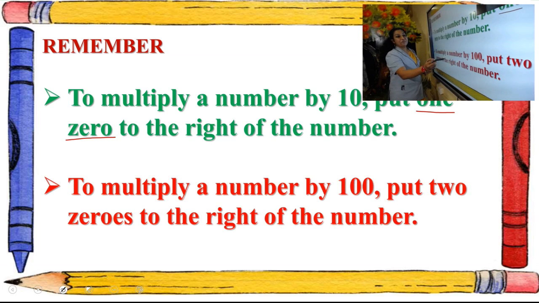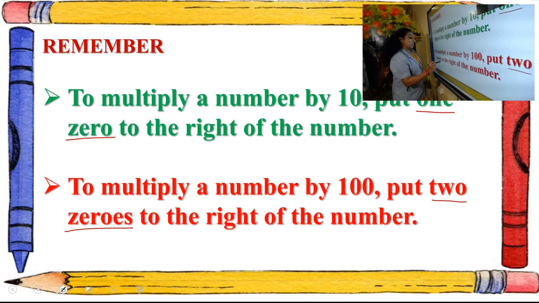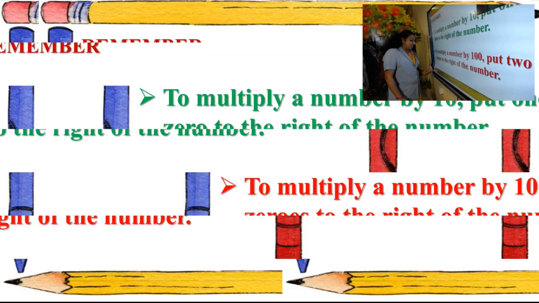To multiply a number by 100, what will you do? Put 2 zeros to the right of the number. So, to multiply a number by 10, put 1 zero to the right of the number. Then, to multiply a number by 100, put 2 zeros to the right of the number.